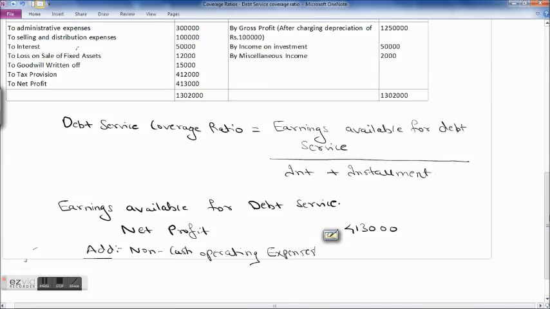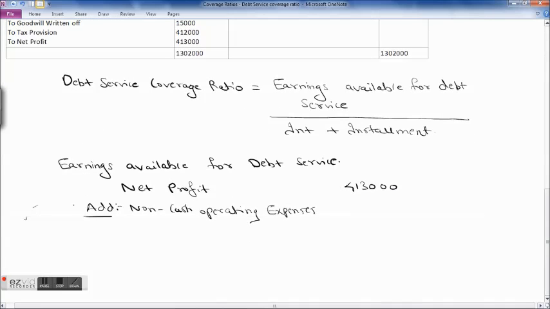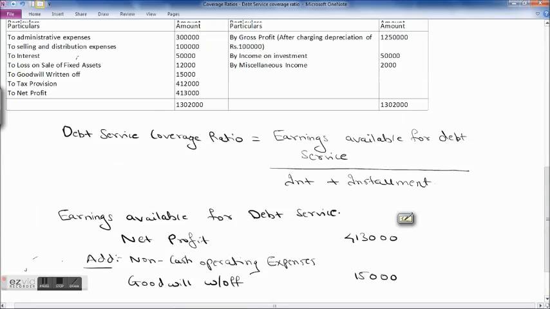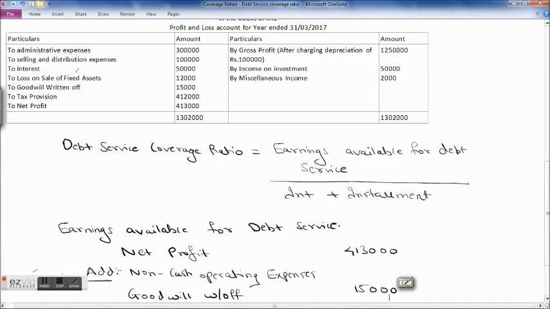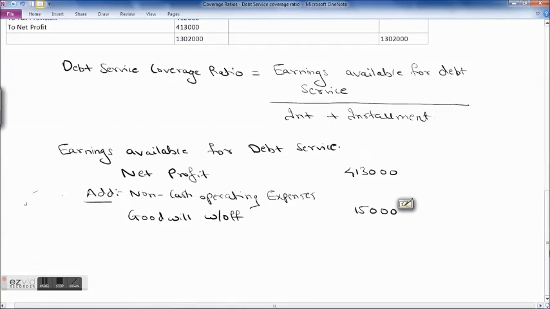One non-cash operating expense is goodwill written off of 15,000. Then if you see carefully, your gross profit has a depreciation of 1 lakh rupees, so we have to add that back. Depreciation included in gross profit, 1 lakh.